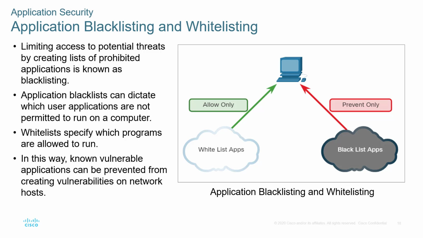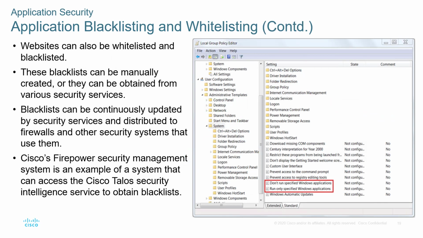Application blacklists, again, dictate what can and cannot be run. This means that a vulnerable application may not be allowed on the network or allowed on a machine, so it does provide some protection. It does mean more overhead. You can actually, through a Windows local policy, disable specific applications from running.